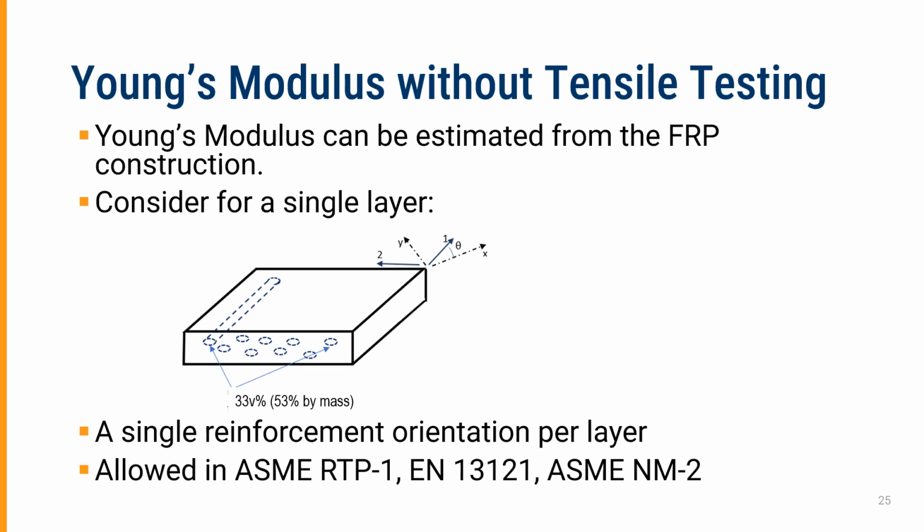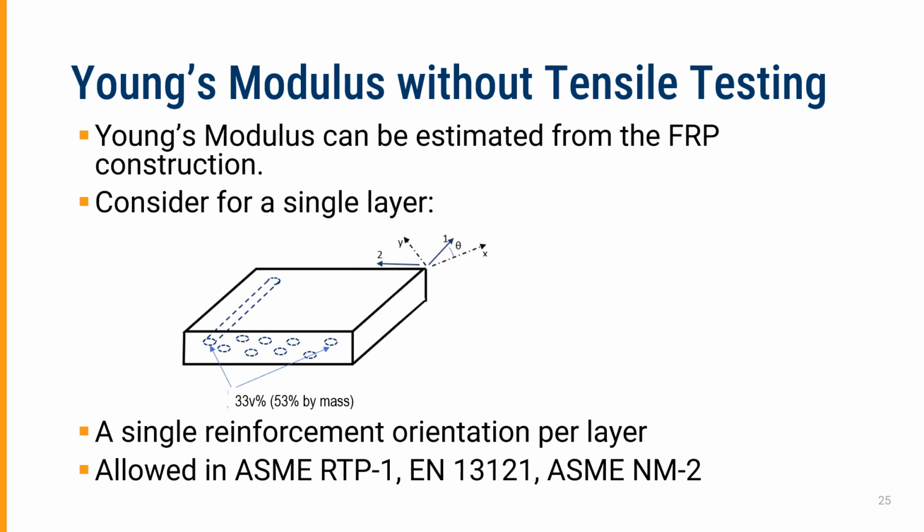Notice the glass fibers are only going in one direction, so they're not contributing directly to strength in the transverse direction. They're contributing directly to strength in the one direction. The principal axis for this layer is the direction of the reinforcement, the one direction, and transverse is the two direction.